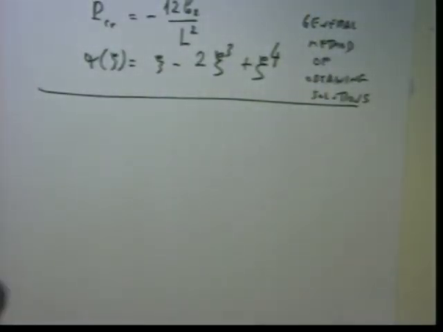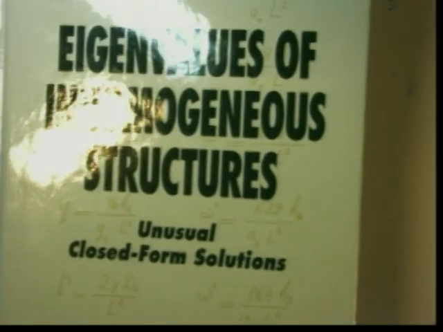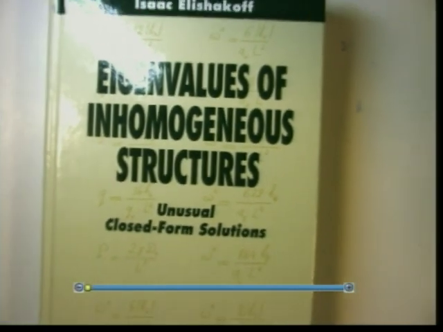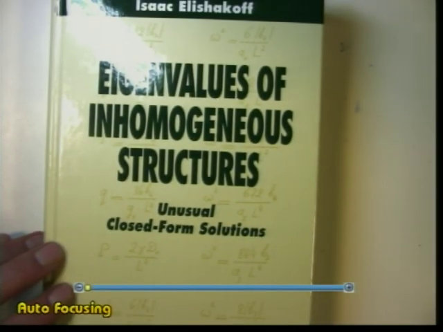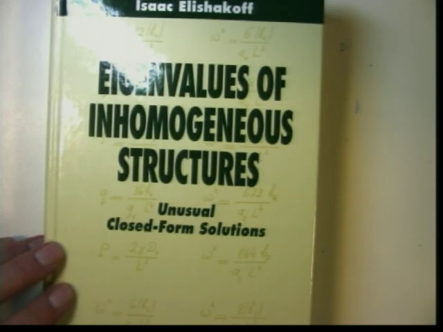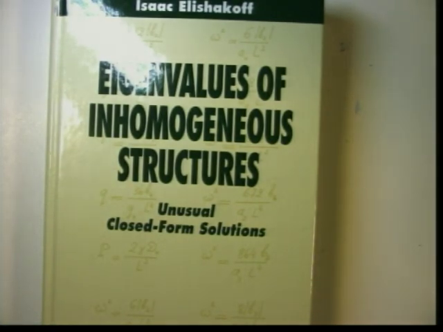So this is summarized in a book that I can put here, you can write it down. Yeah, but okay, that's what we want to write. Eigenvalues of inhomogeneous structures. Eigenvalues means vibration and buckling.